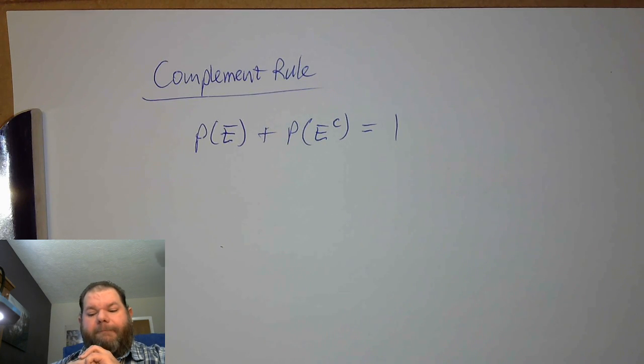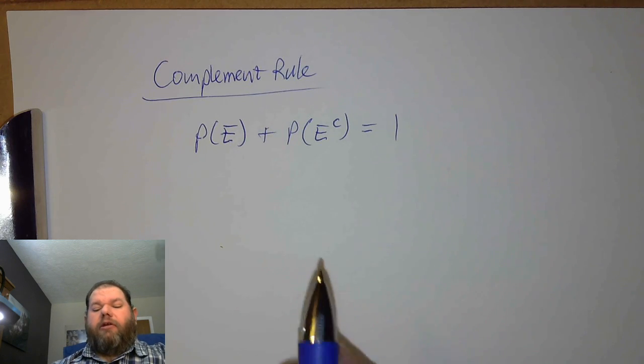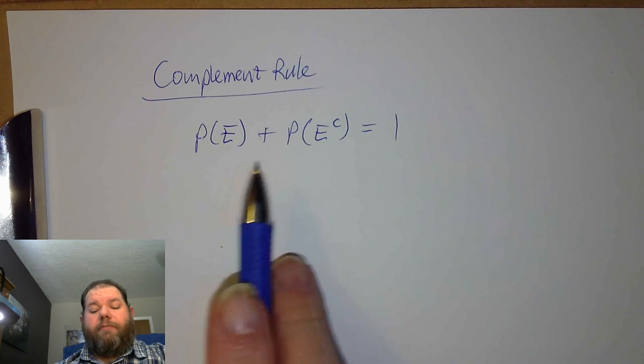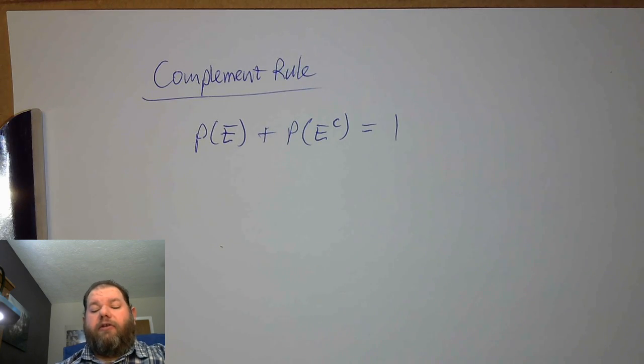Okay? Because no matter how many different outcomes we have in a particular probability experiment, the outcomes are either part of E or part of the complement. And so between those two things, it should account for 100% of the different outcomes, or 100% of the possibilities.